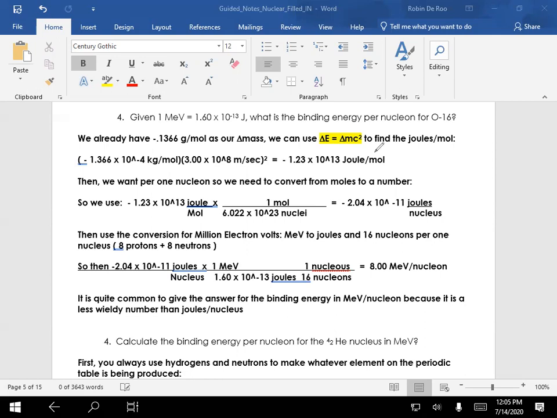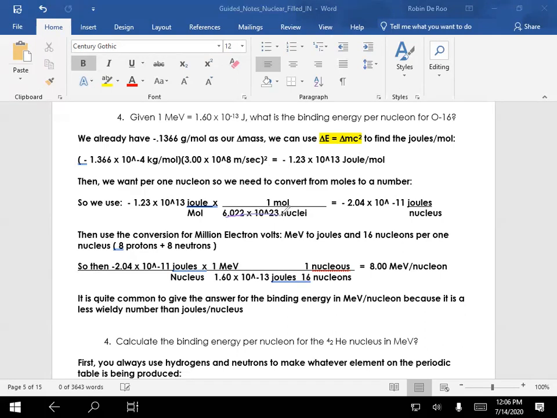So in this case, we want per 1 nucleon. So we need to convert from moles to a number. We're going to use our answer, which is minus 1.23 times 10 to the 13 joules per mole. We use Avogadro's number because 1 mole would be Avogadro's number of nuclei.